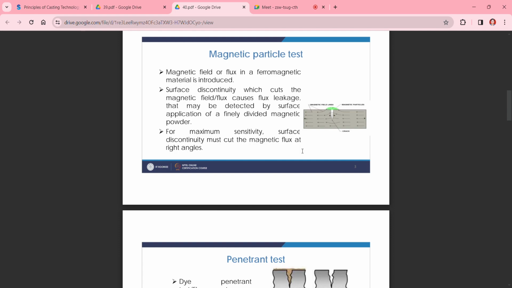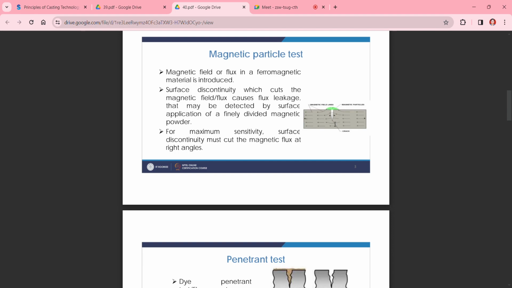As you can see, there are magnetic field lines, and we have put some magnetic particles in green color on the surface of your casting. When you provide a magnetic field to this sample, the powder will move towards this crack. Due to that movement of powder, you can analyze the surface defects on your castings.